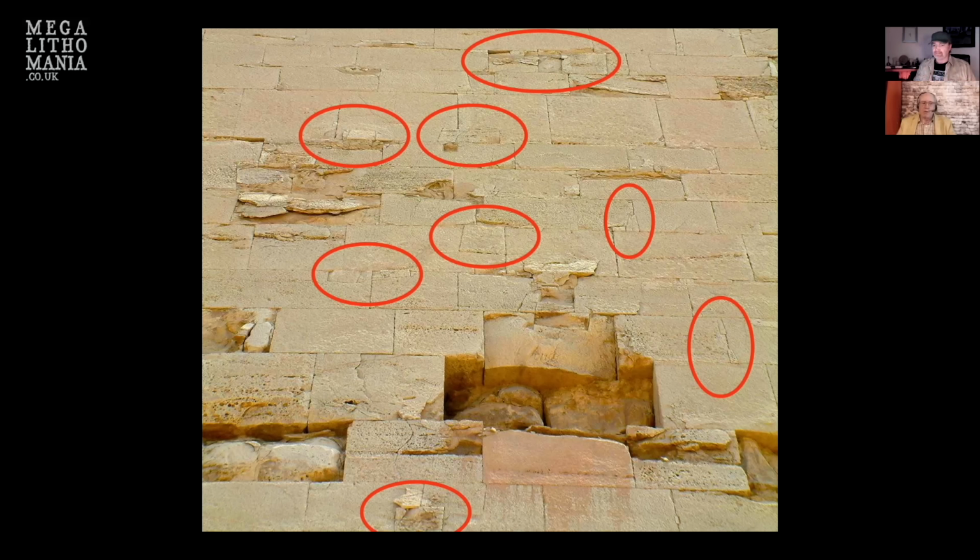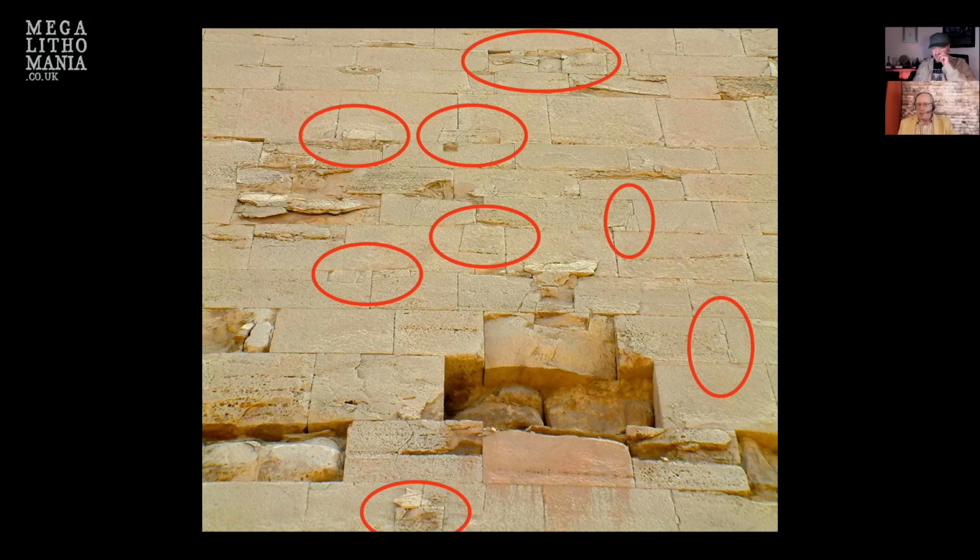Oh, I'm sure, because we have the same on the Sphinx. We have this wonderful Sphinx, which was supposed to be built in the Old Kingdom era, but we have Old Kingdom repairs on the Sphinx body. Now, why would they be repairing the Sphinx when they'd only just made it? It rather again suggests that repairs were done during the Old Kingdom because the Sphinx was much, much older than that.